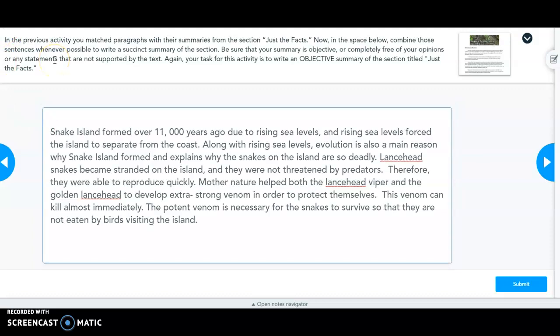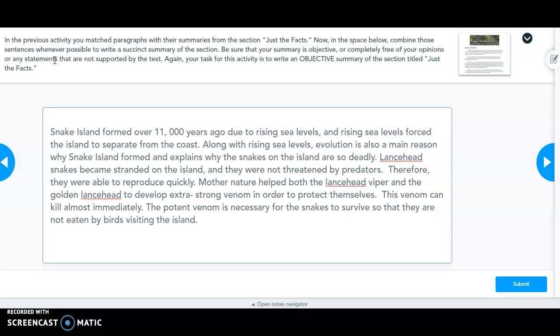So, as you can see, my writing only includes factual information, and I include information from each paragraph. My first sentence includes information from paragraph 1, along with sentence 2, which includes information from paragraph 2.